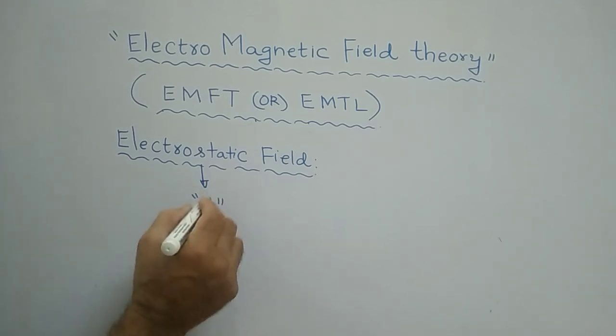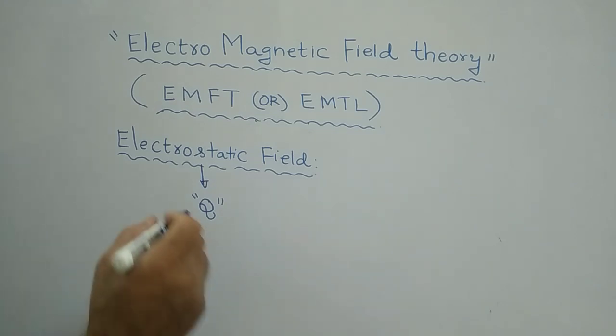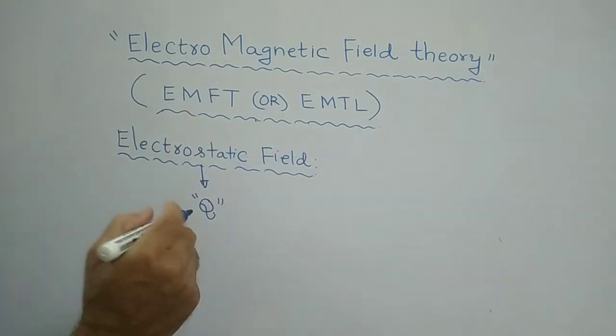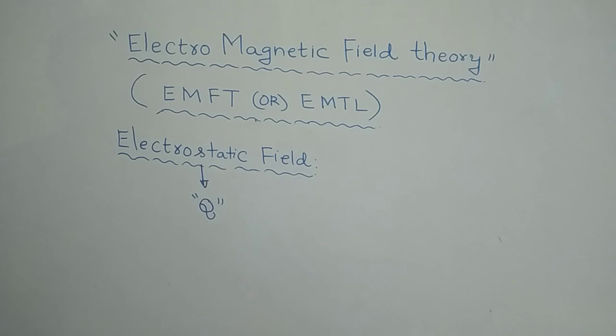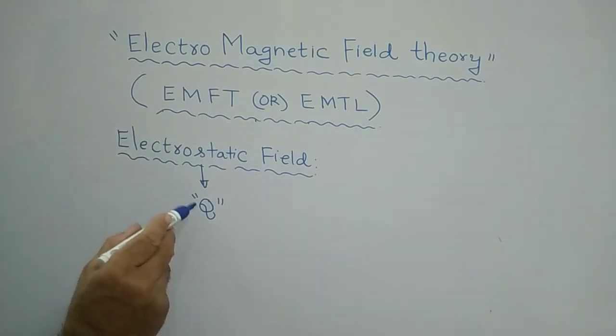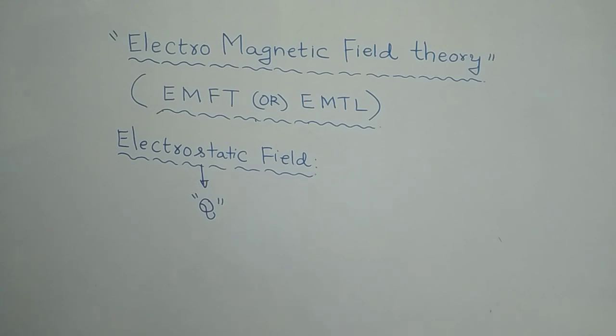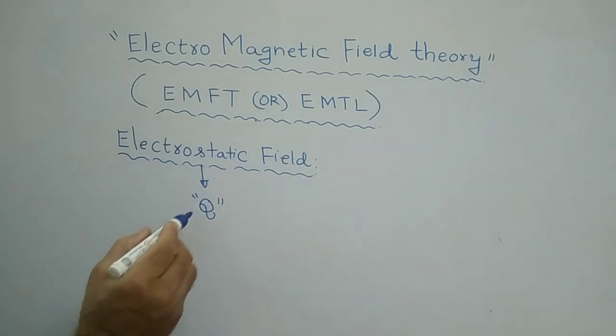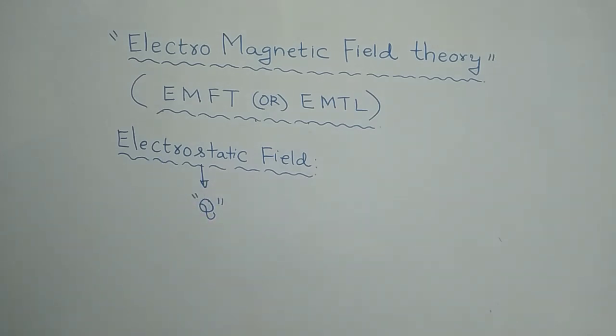The electric charge is denoted by the letter capital Q, or sometimes small q also, nothing wrong in that. But as far as our subject is concerned, I will use the notation capital Q. In most textbooks this notation is followed, right? So in electrostatic field, the main source of the electric field is the charge Q.